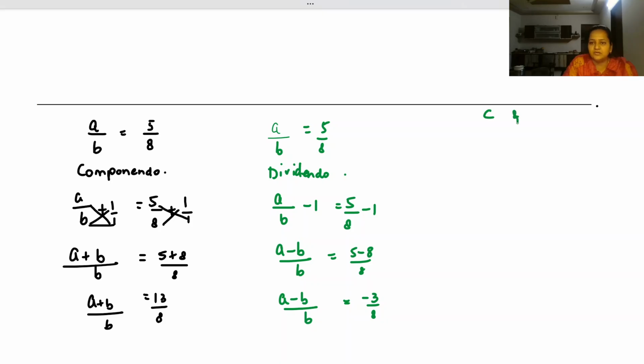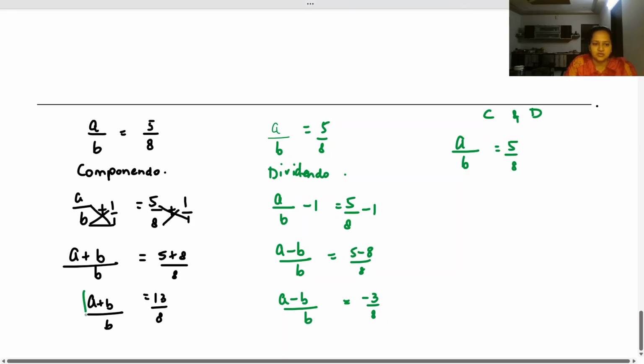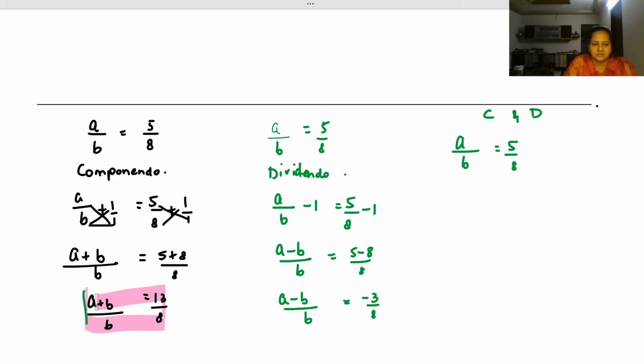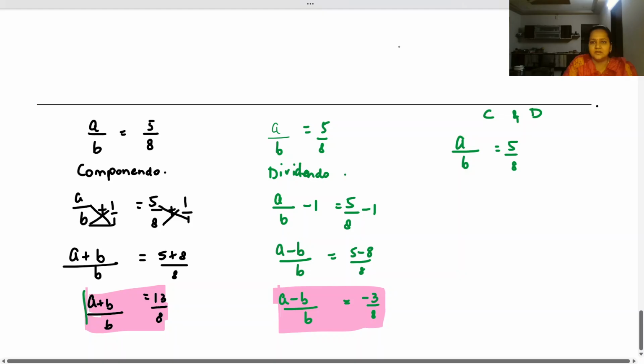Then what is componendo and dividendo? It means A upon B is 5 by 8. You're going to take the ratio of componendo and dividendo. I'm saying you're going to take the ratio, not going to add them. So when you're going to take the ratio, what is going to happen?